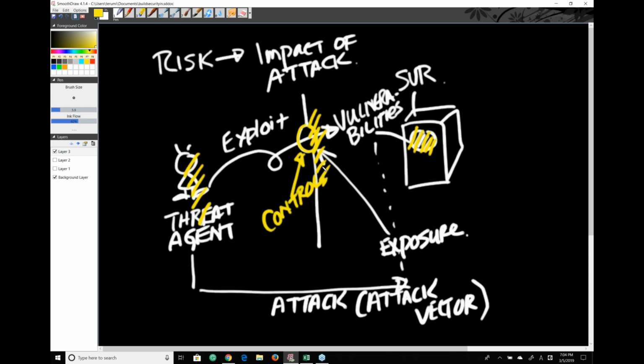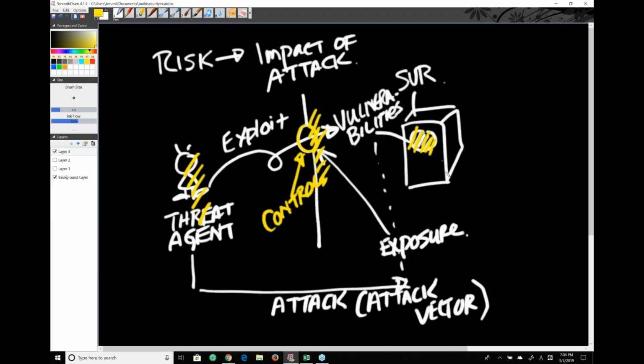Putting a firewall in will attempt to reduce the exposure of an entire server to, let's say, a specific service or port. So that reduces the rest of the server from being attacked or becoming a target of the attack.